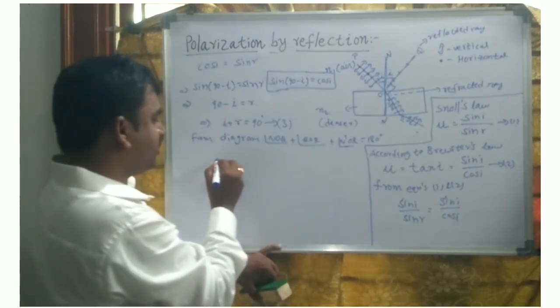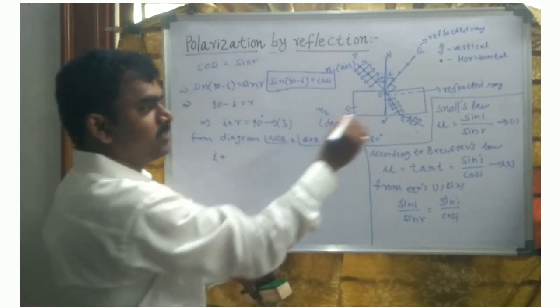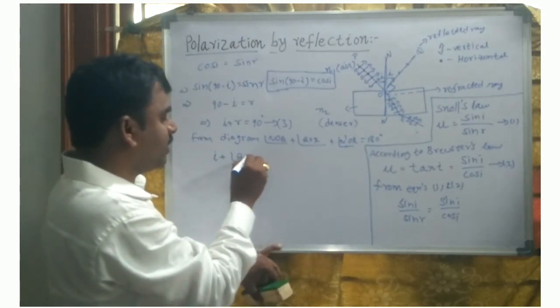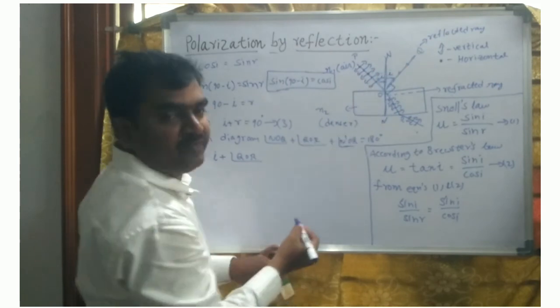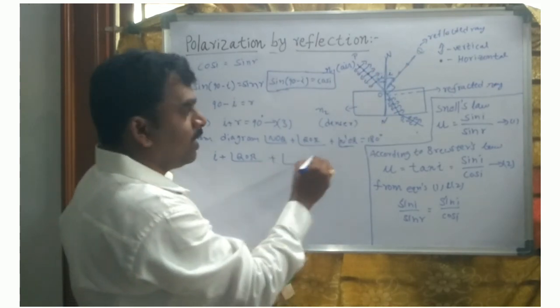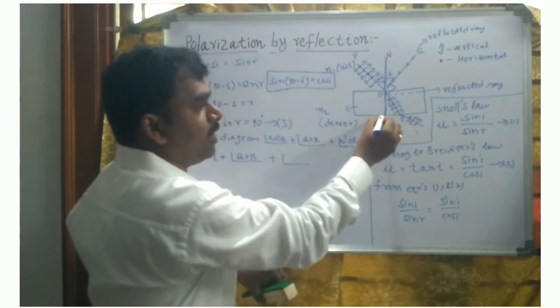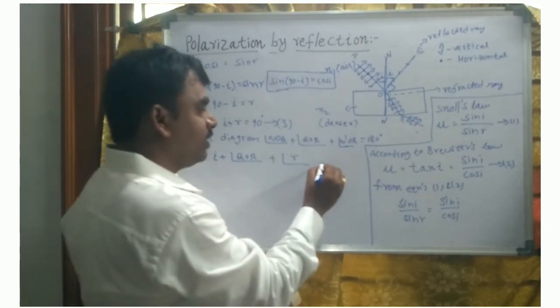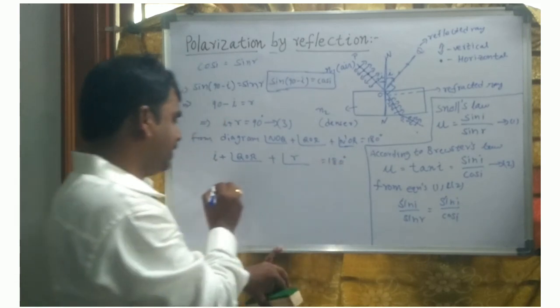The angle NOQ is i, plus QOR. We don't know this one; we want to calculate the angle between the reflected ray and refracted ray. And angle QN dash OR, which equals the angle of refraction r, gives 180 degrees in total.